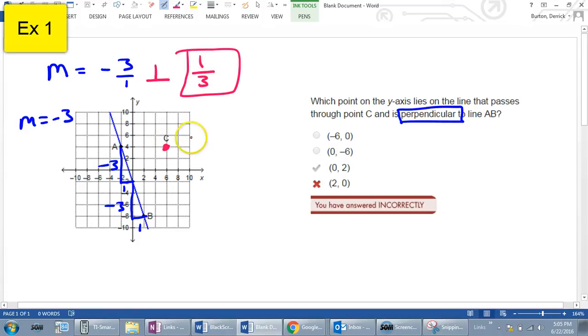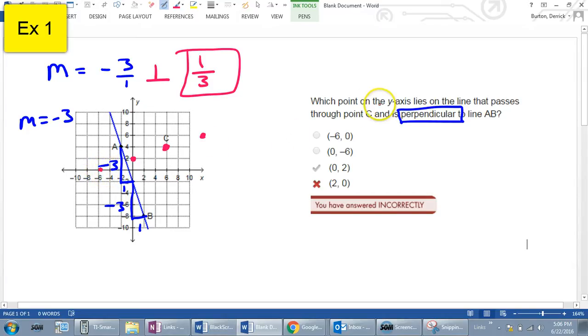It's a little bit tricky because if I go up 1/3, that takes me a little bit off the graph, but that's okay. I'm going to go in the other direction. In the other direction, it would be down 1, left 3. And that I can continue. Down 1, left 3.